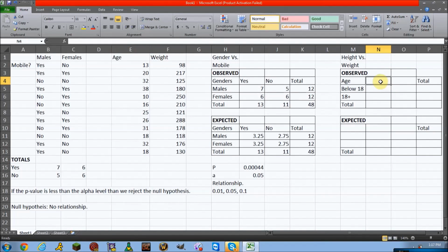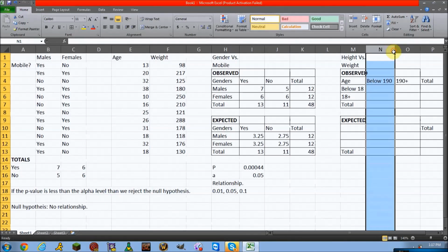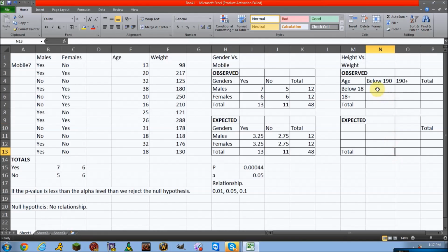So here we can put below 190, and here we can put 190 plus. So now we have our categories. This is for our ages, and this is for our weight.